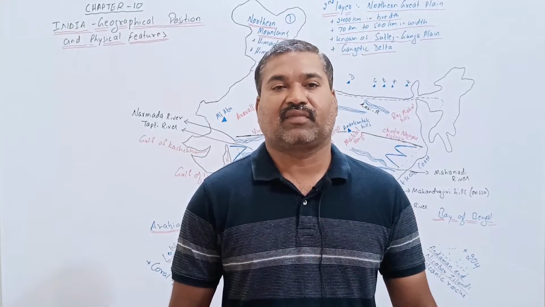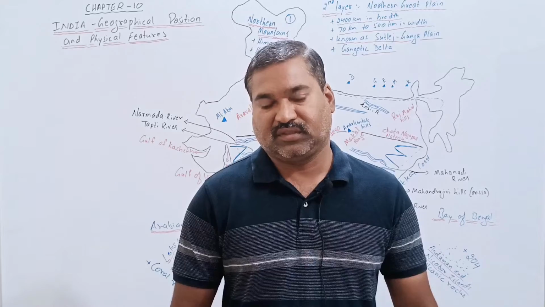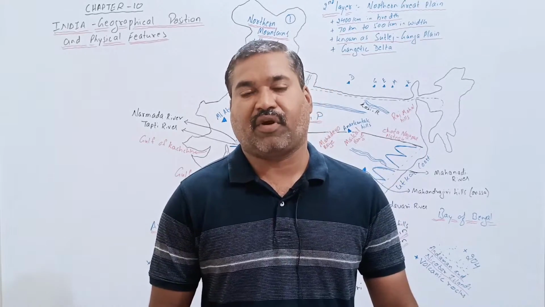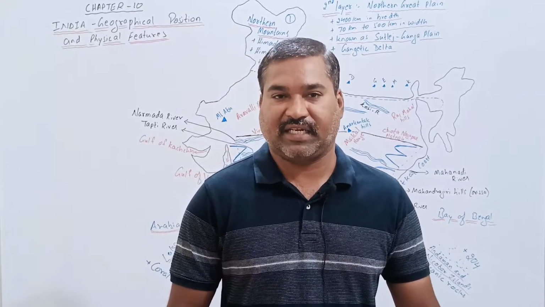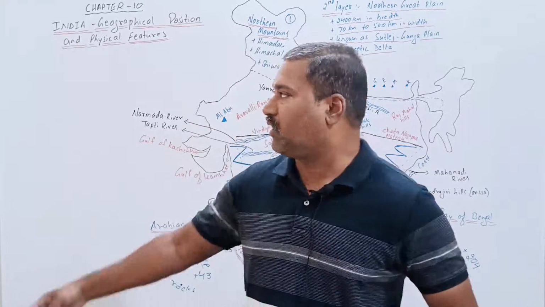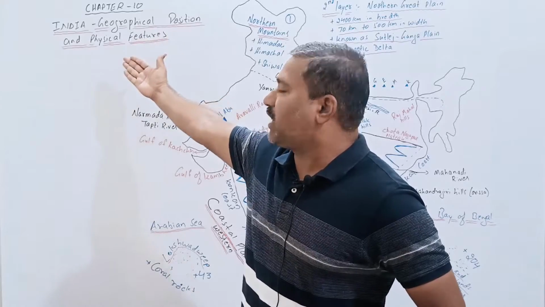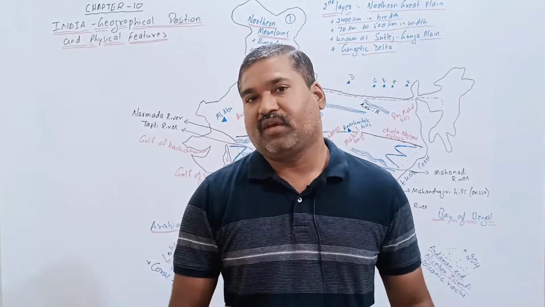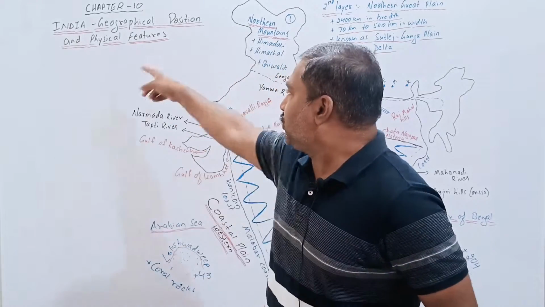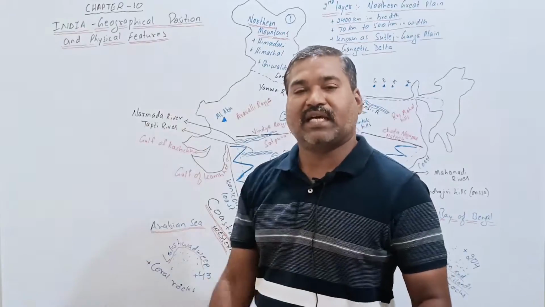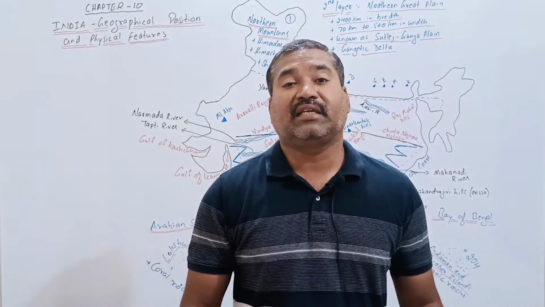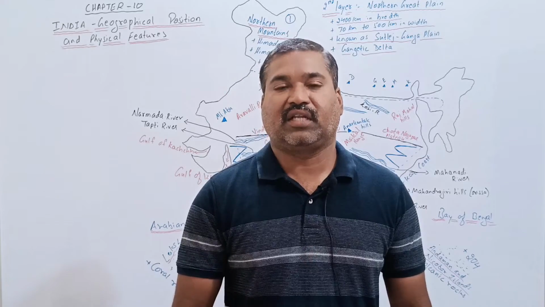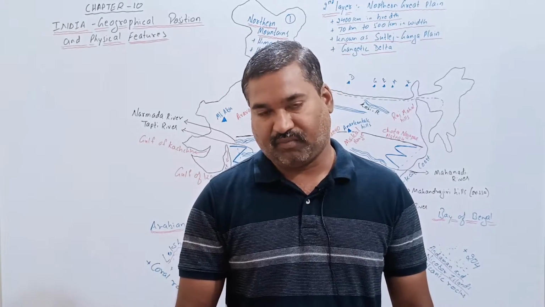Dear students, as in the last video, I begin with the topic from the geography of class 10 standard, the 10th chapter called India's Geographical Position and Physical Features. In our first topic, we moved with the geographical position, as well as we talked about the physical division, and in that physical division we talked about the northern mountains.